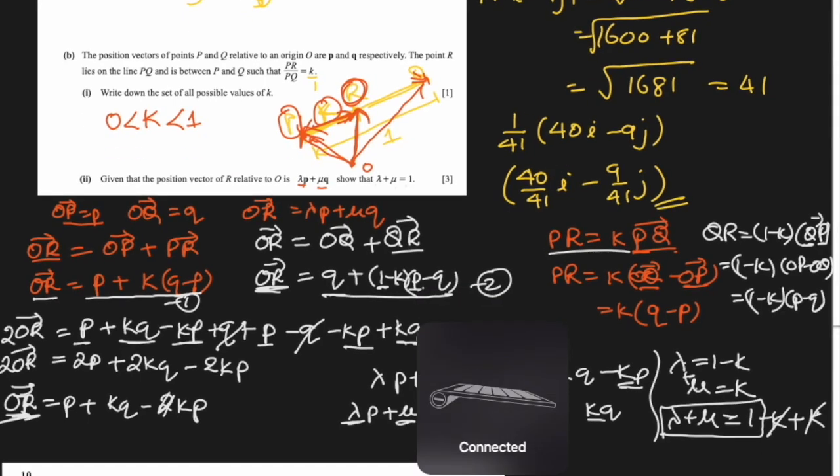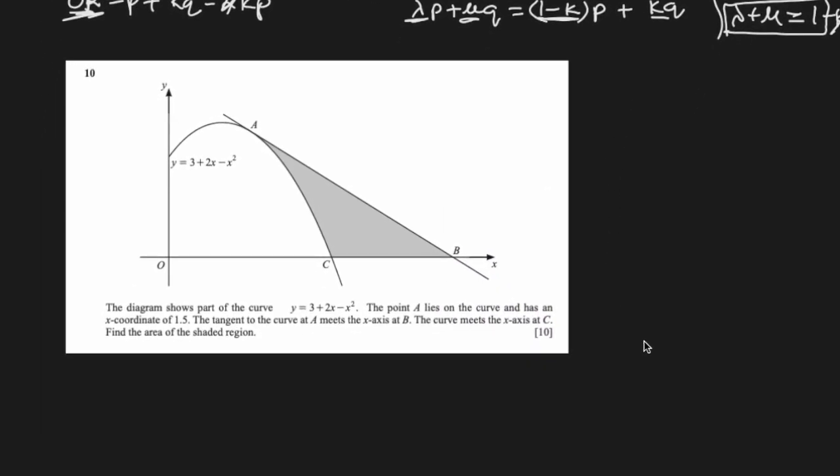Okay, let's move on to question number 10. They have given a diagram which shows part of the curve, and this is a quadratic curve opening down, obviously because the leading coefficient is negative. The point A lies on the curve, here, and has an x coordinate of 1.5.